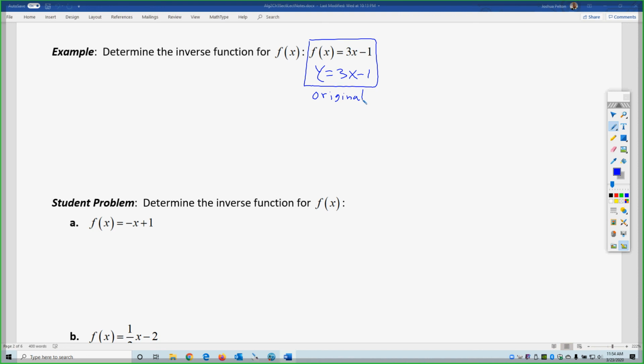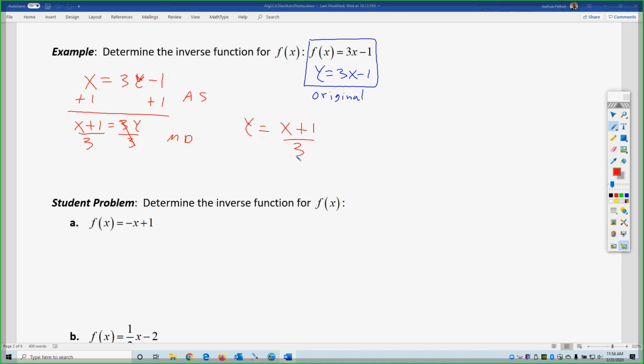So we'll change colors here to a red. So we get x equals 3y minus 1. So we flip the x and the y, and we'll solve for y. So we'll add 1. So x plus 1 equals 3y. And divide by 3. So the add-subtract step, then multiply-divide. So we get y equals x plus 1 over 3.